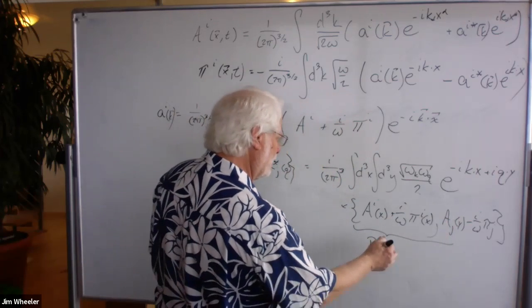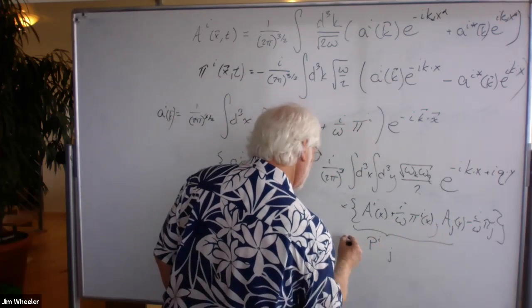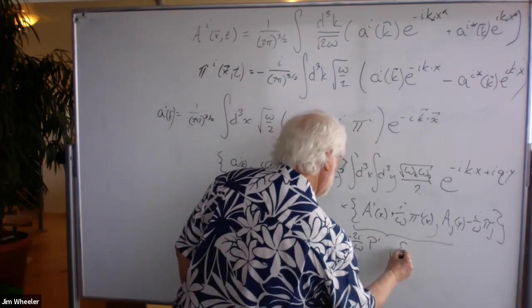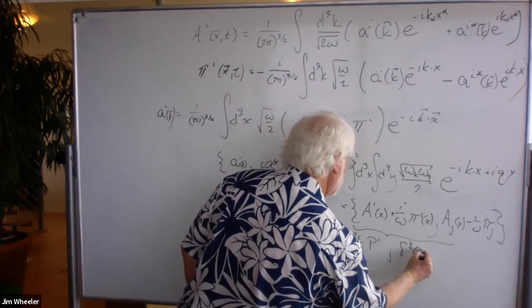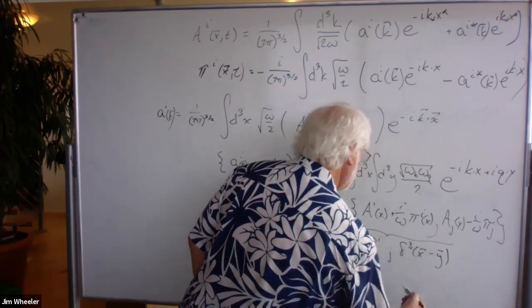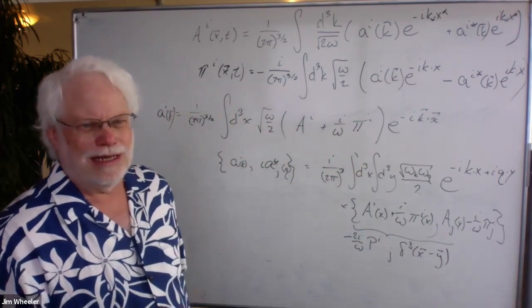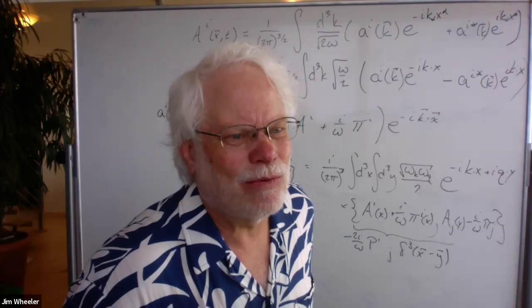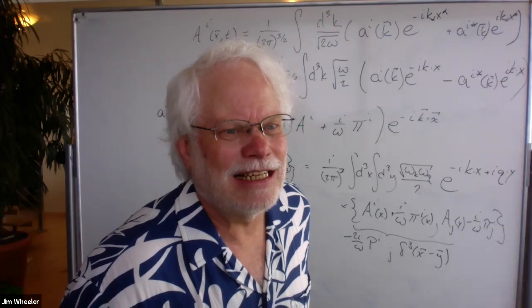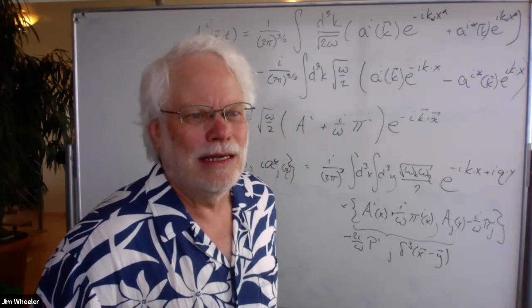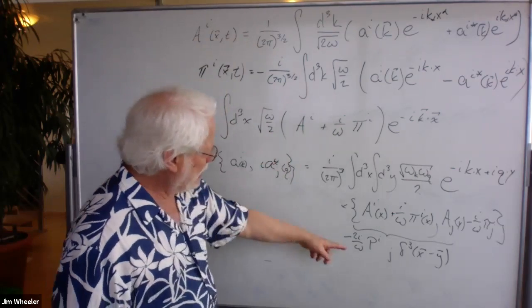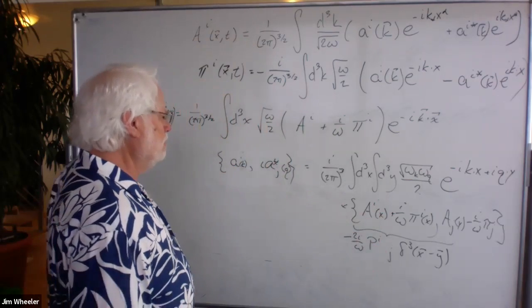We're going to get 2 of them, and we're going to get minus 2I over omega, and we're going to get a del 3 of x minus y. So from the 2 non-trivial commutations, that seems like what we should get. And that's what I wrote in the notes too, so I'm even more confident. Yeah, if I put that j up, we just put that j up.